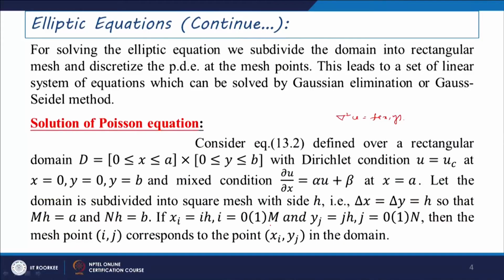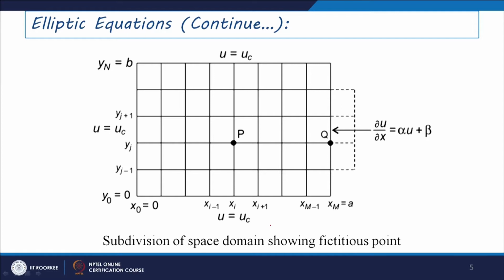Similarly, yj can be denoted as jh, where j varies from 0 to n. Then the mesh point ij corresponds to the point xi yj in the domain. If you signify it in the domain here, then x naught equals 0, since your starting point is i equals 0, then i equals 1, then i equals 2.